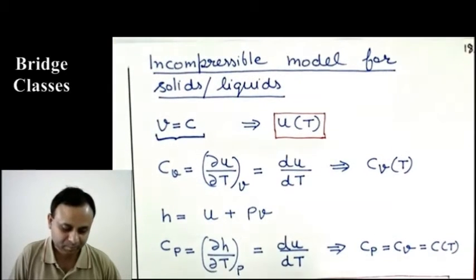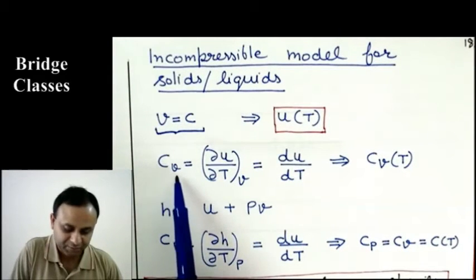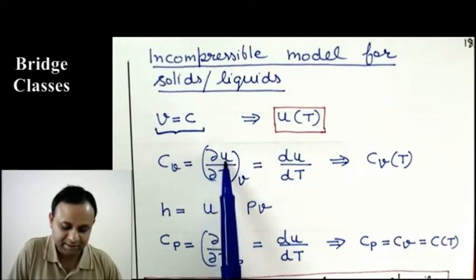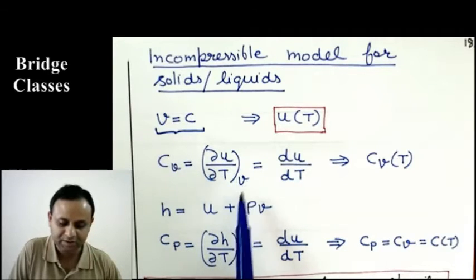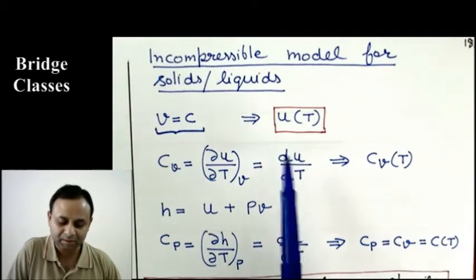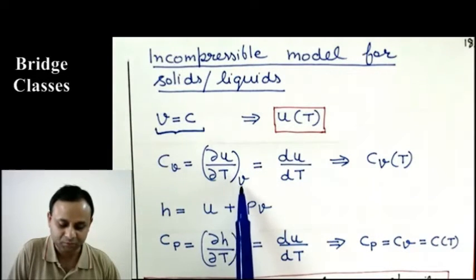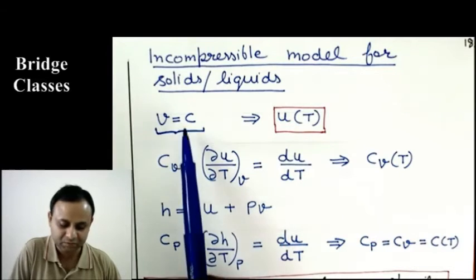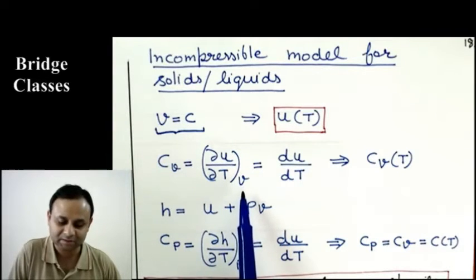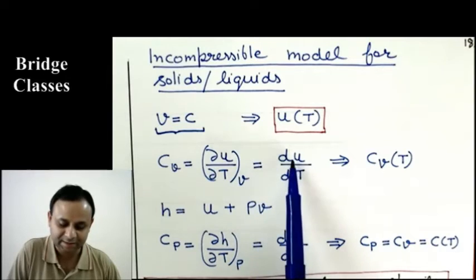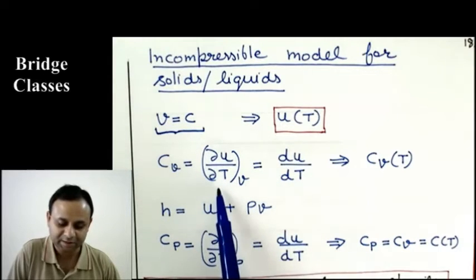Now, the definition of Cv is ∂U/∂T at constant volume. But if U is a function of temperature only, when taking this derivative, we don't care about V because V is constant anyway. That is the nature of the substance. So you can write this as dU/dT, a total derivative instead of a partial derivative.